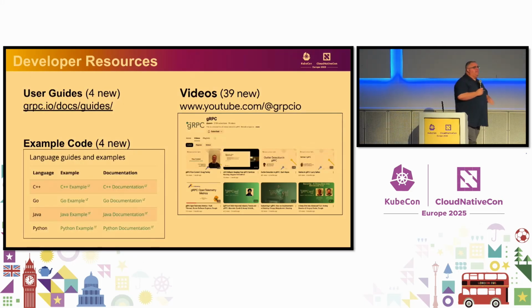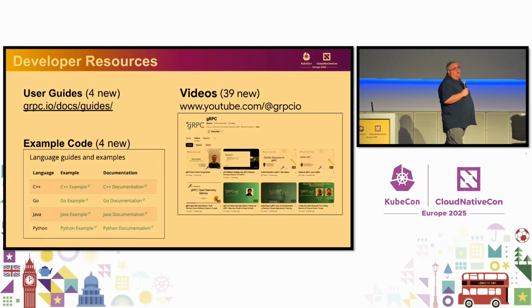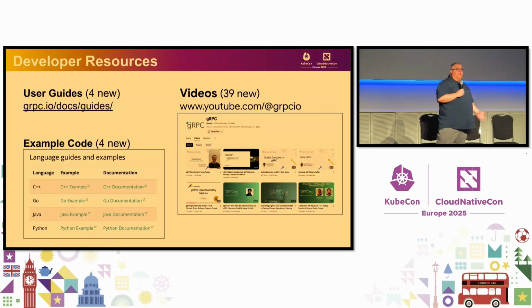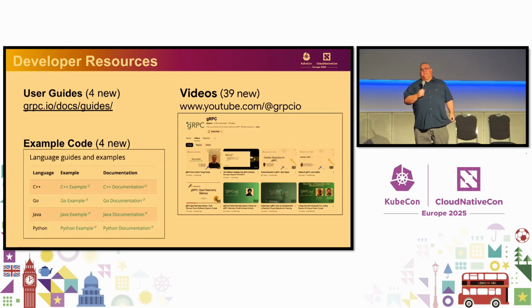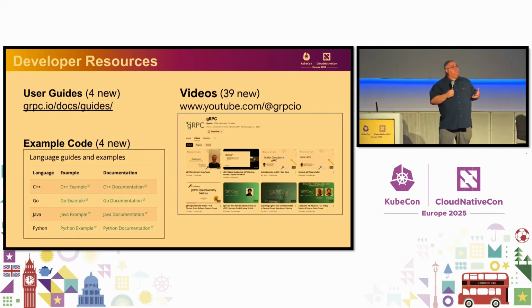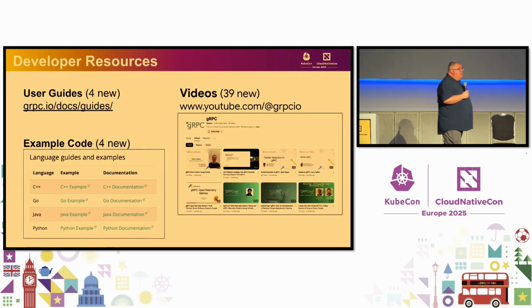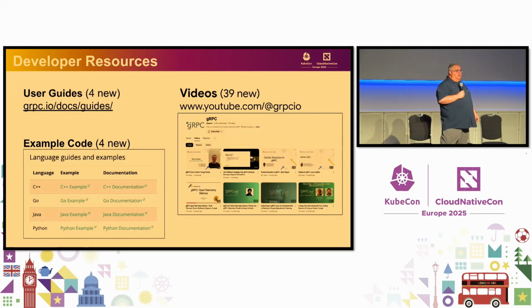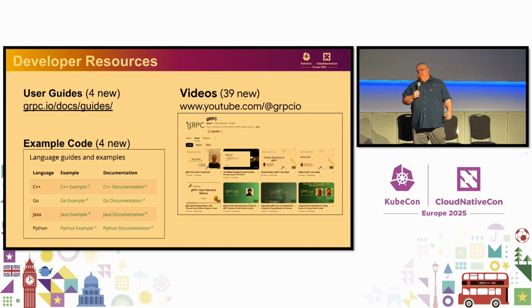One of the feedbacks that we heard a few years ago at KubeCon was basically that the documentation that we have was not up to the standards that people wanted to see, and what they expected from open source projects and what they were seeing on other projects they were using. And so one of the things that we've done over the last 2 years is really double down on a bunch of our documentation efforts.